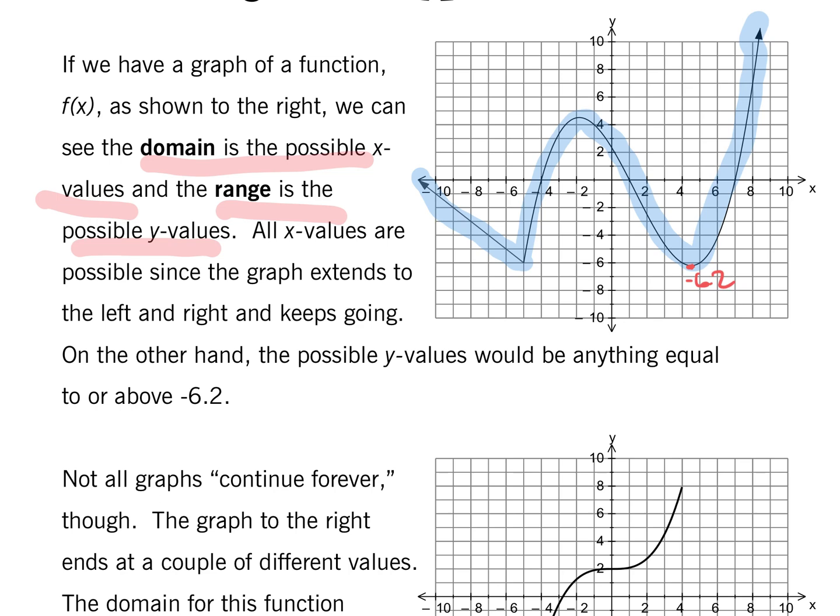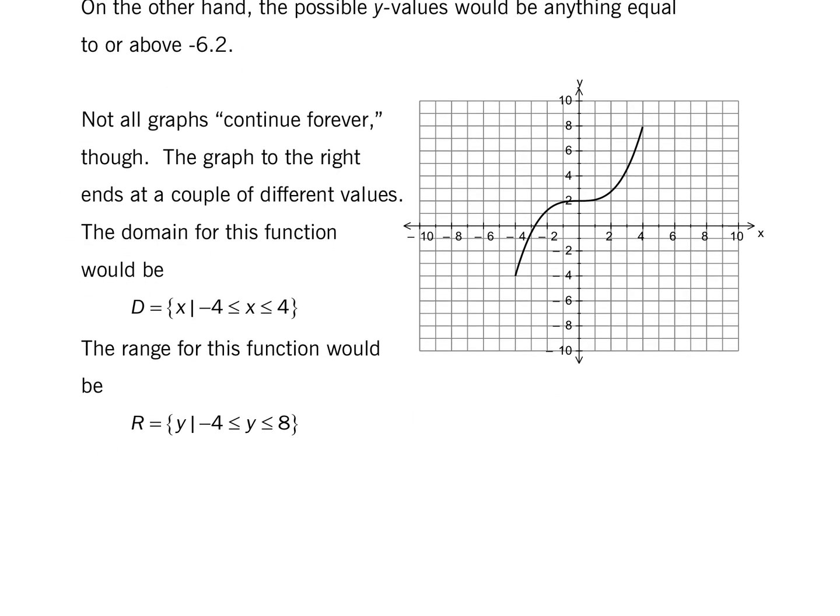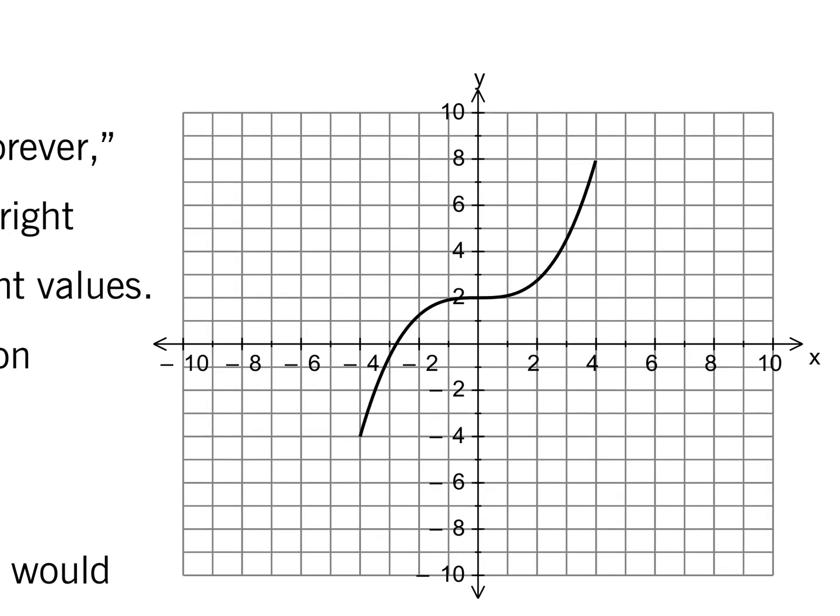Now, not all graphs continue forever. The second graph down below doesn't continue forever going up or down or left or right. We can see that there are absolute endpoints. So if we look at the left side, for example, we can see that the cutoff is right here at negative 4.